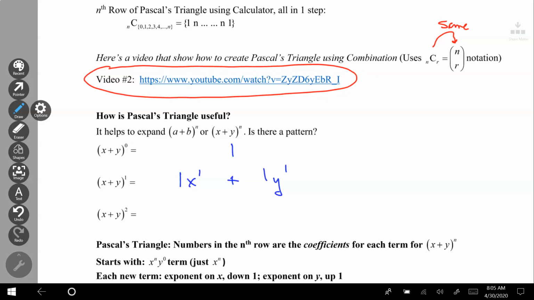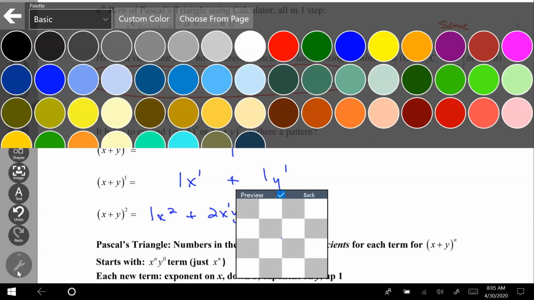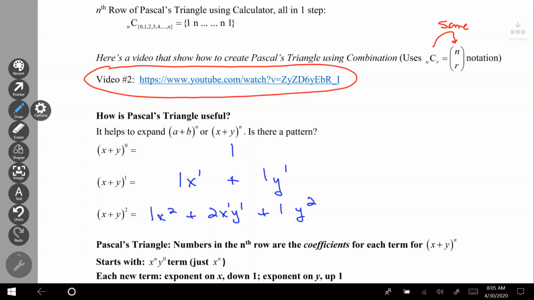And x plus y squared, hopefully you remember, it's going to be 1x squared plus 2x to the first, y to the first, plus 1y squared, again, when you write it very formally. So what am I seeing here? I'm seeing a pattern. Let's look at the coefficients.